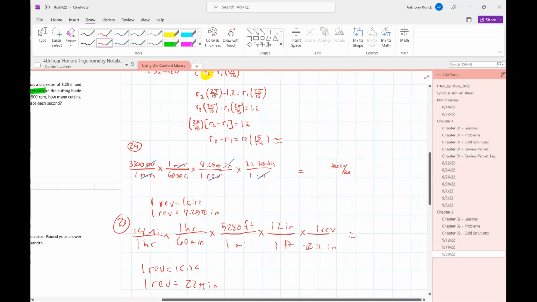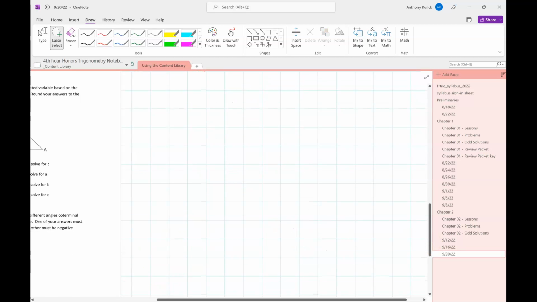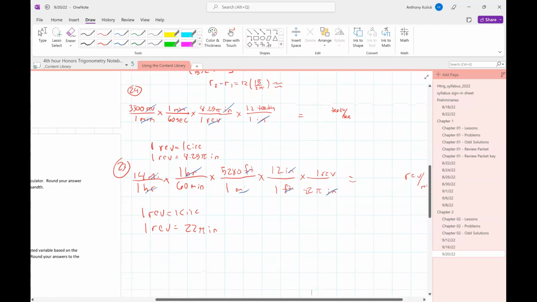And then that's going to be good, right? So miles cancel with miles, feet with feet, inches with inches, and then hours with hours. So I'm left with revolutions per minute. And I think that should do me.